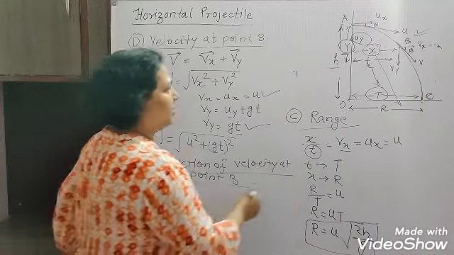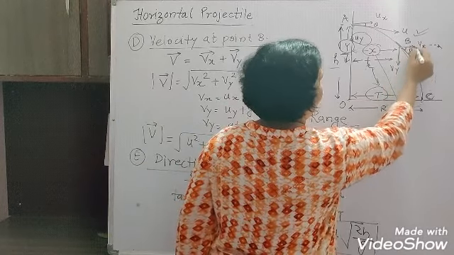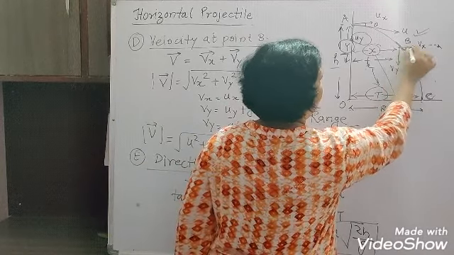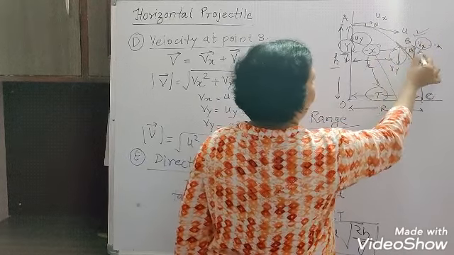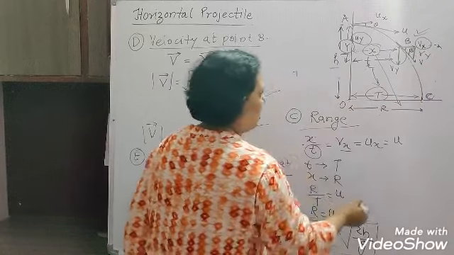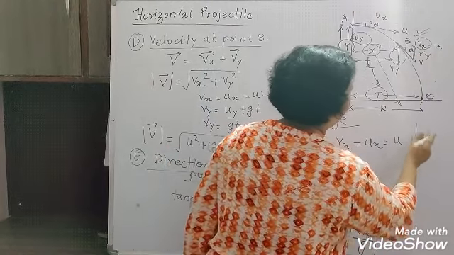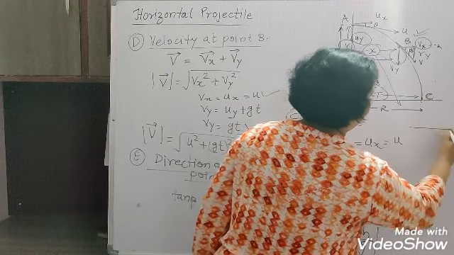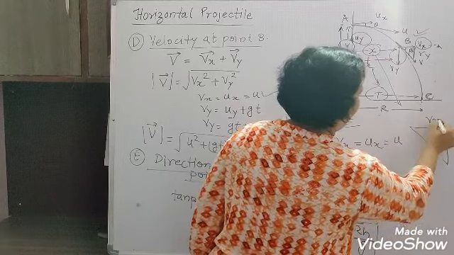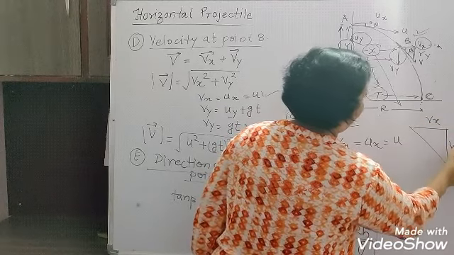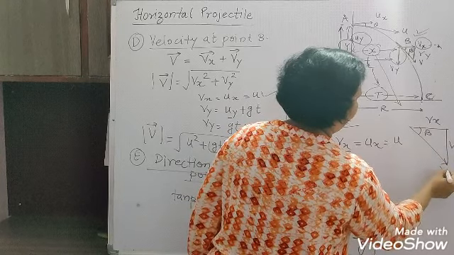Look here, this is beta, and here the angle will form. In this angle you will find that vx is the base and vy will be the perpendicular. You will find a triangle like this. Here it is vx, this is vy, this is angle beta, and this is v.